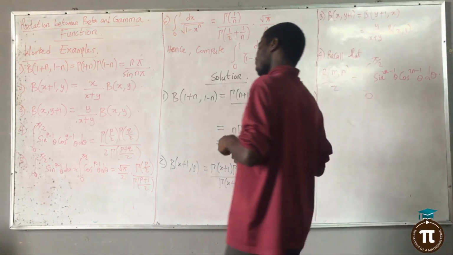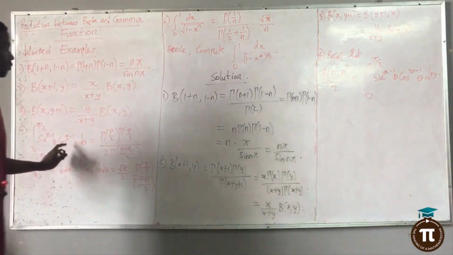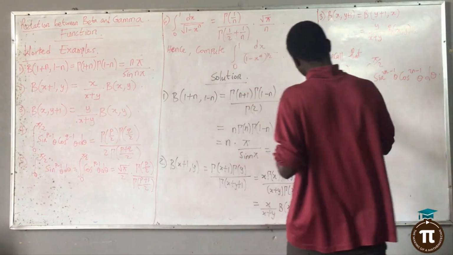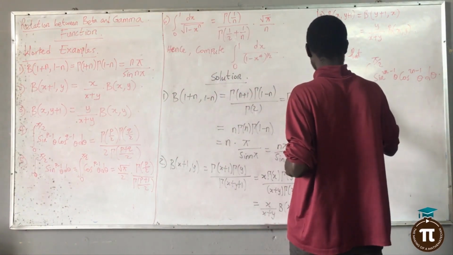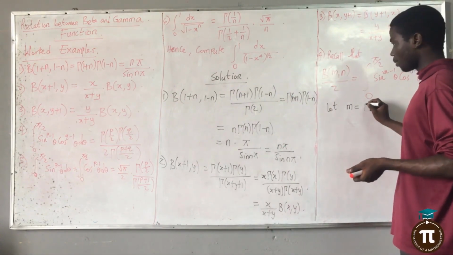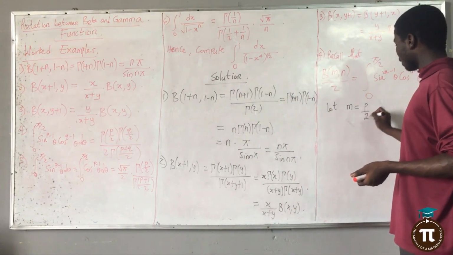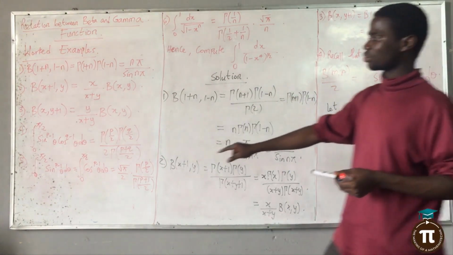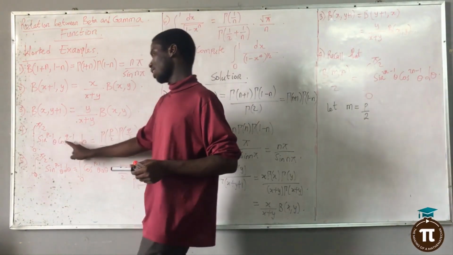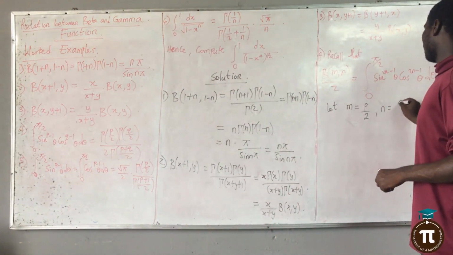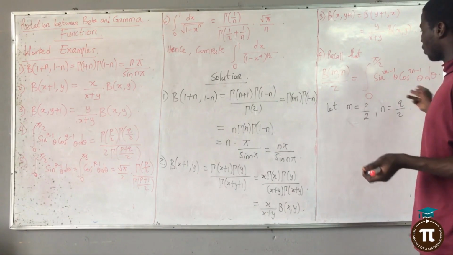So now, I'll just let m be equal to p over 2. If I let m be p over 2, this one will be p minus 1, which is what I will have here. The same thing for q, and n to be q over 2, and that's all.